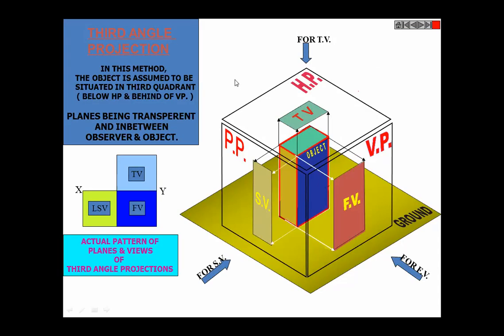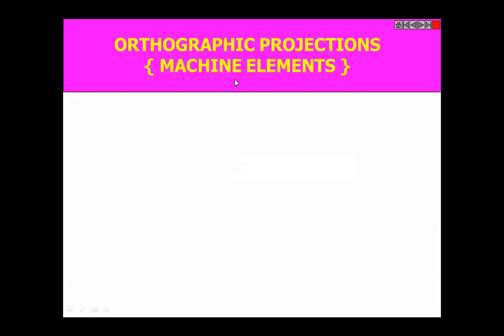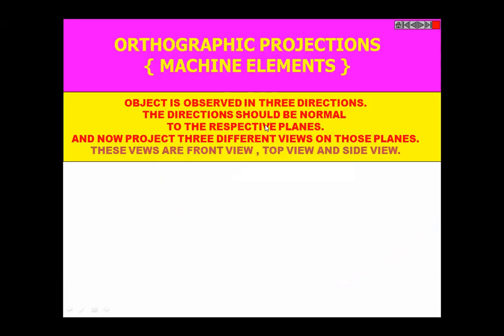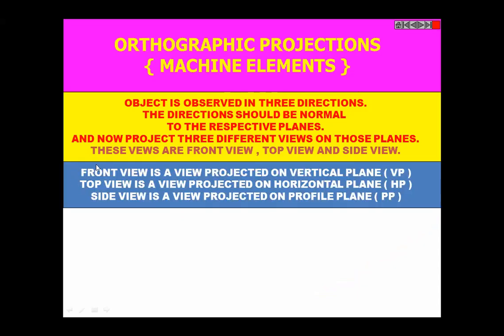It's a simple object. Now we'll see some machine views. You need to remember these things: the front view is the view projected on the vertical plane, the top view on the horizontal plane, and the side view on the profile plane. That's it.